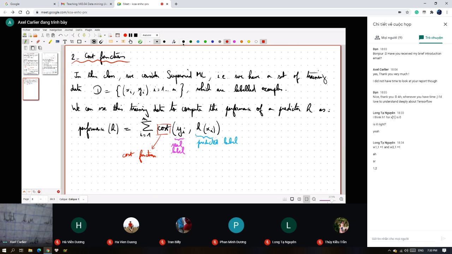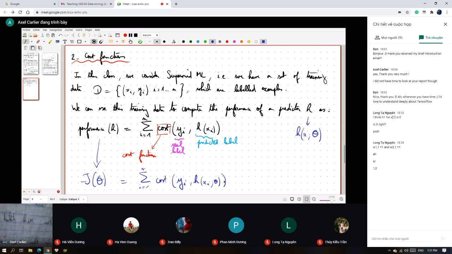Now, if I say that H is in fact H of X, theta, I can write this performance of H as J of theta equals the sum over i equals 1 to n of the cost of yi, h of xi, theta.